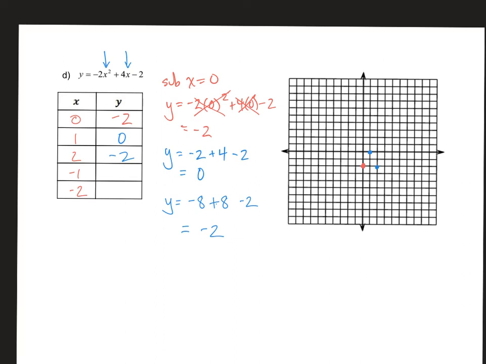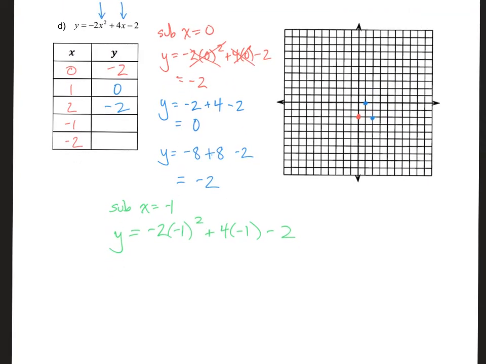Now, I'm going to go through, and I'm going to show the substitution on the next one, specifically us subbing in an x value of negative 1, because there is a very common mistake. So, replace your x with negative 1, and now we calculate.